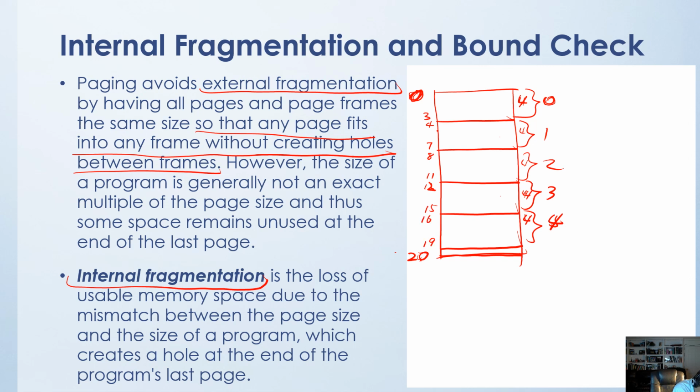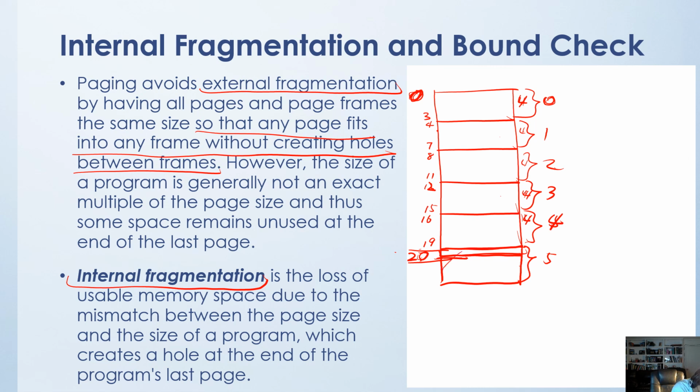Okay. So logical memory address 20 is not included in any of the pages. Now what am I going to do? I need to add another page. Okay, that's page number 5. So I actually need 6 pages to cover the memory from 0 to 20.